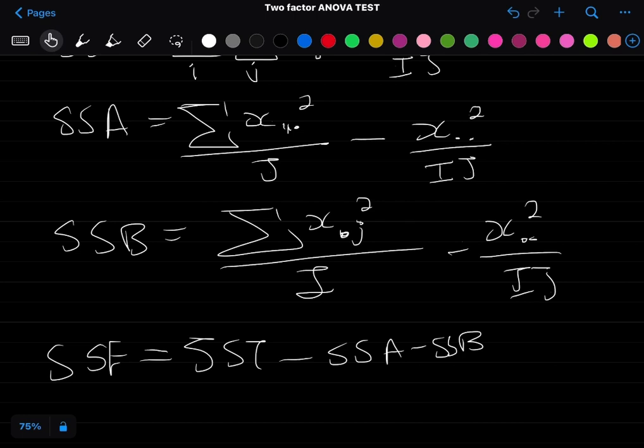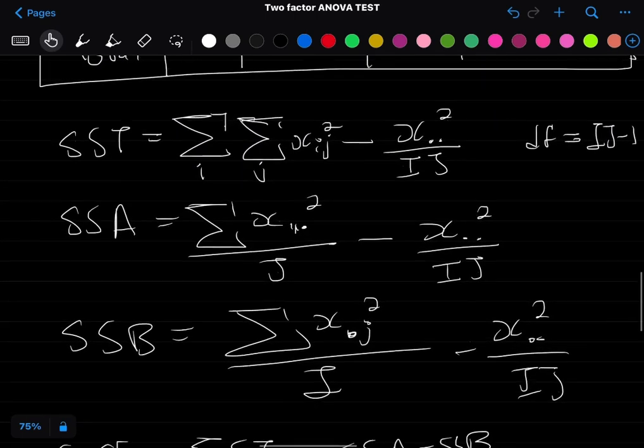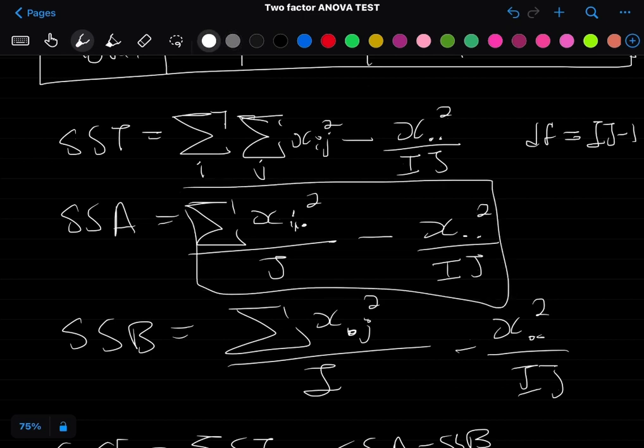Now, for us to be able to calculate this, we first need to find the row sums and the column sums, and find the grand total as well.